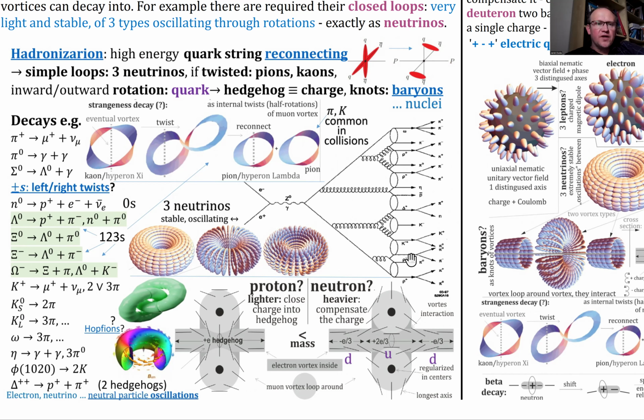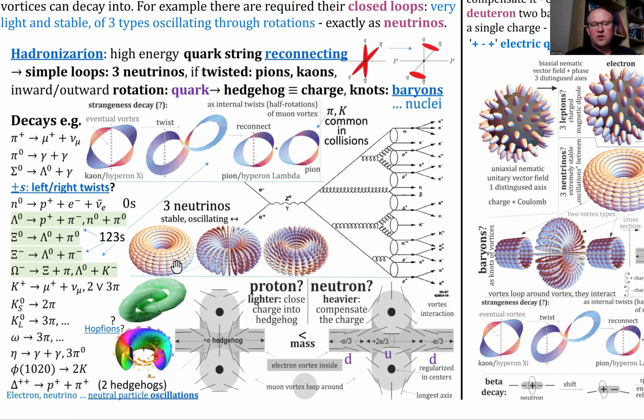Yes, so for example, these quark strings, topological vortices, can form a closed loop. So we need this kind of structure. They should be created, for example, in LHC collisions, and they should correspond to some particles. So which particles? Let's think about it. They are very light and stable. They can be in one of three types because we have three dimensions.